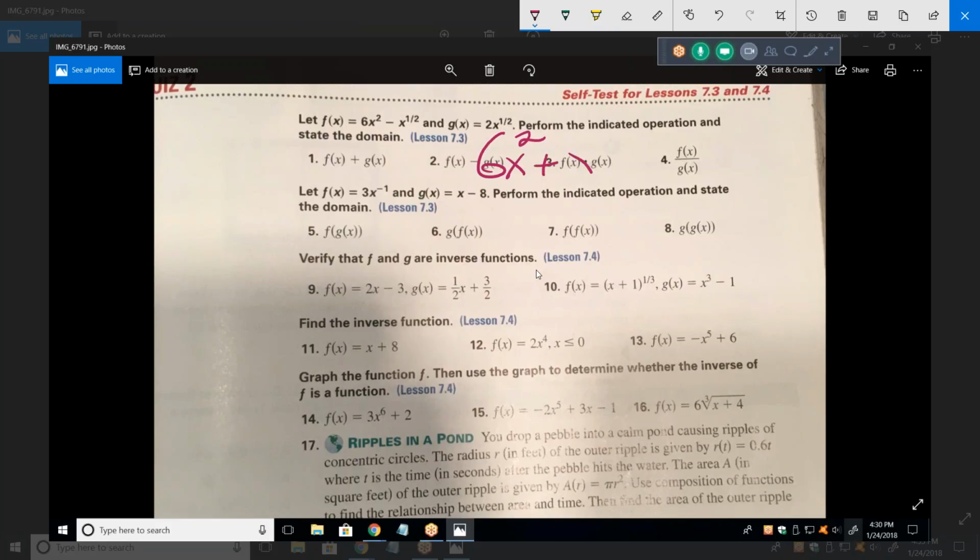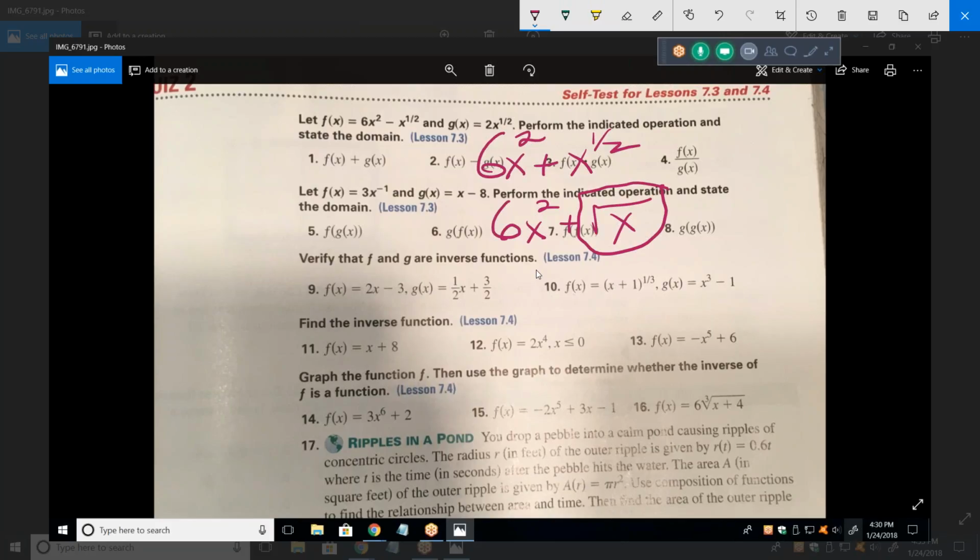I could write that like that, which would be correct, but when you're looking at domain, it makes more sense to use the radical sign, because that restricts the domain. Remember what domain is. Domain is all possible values of x that you're allowed to plug in.